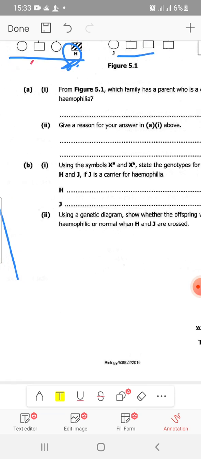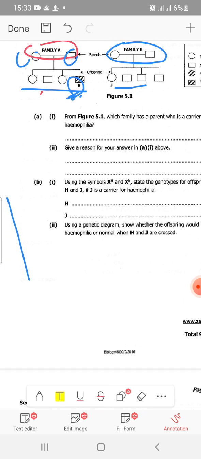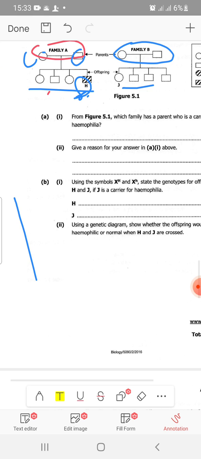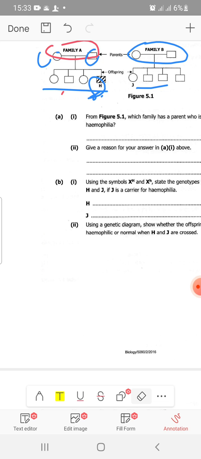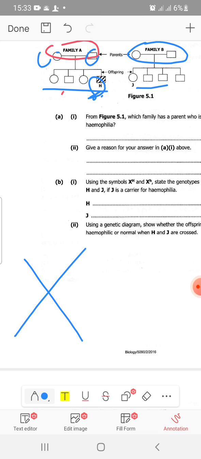So the symbol for H: remember that the box shaded is a male who is hemophilic, so you write X as well as Y. Because this H is hemophilic, it must have a small letter h for hemophilic. So this is the genotype for offspring H.